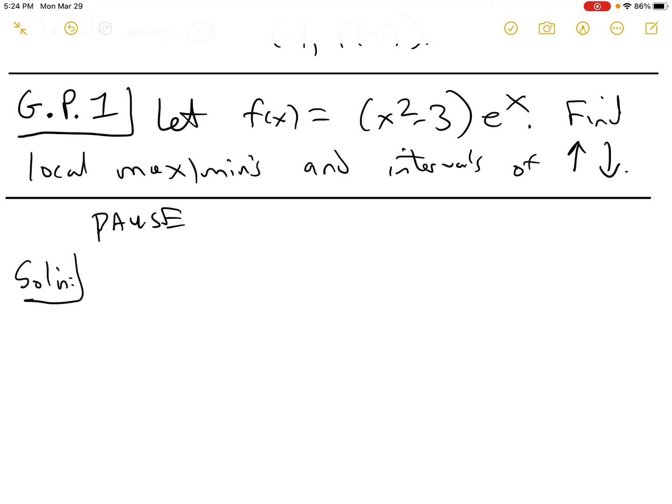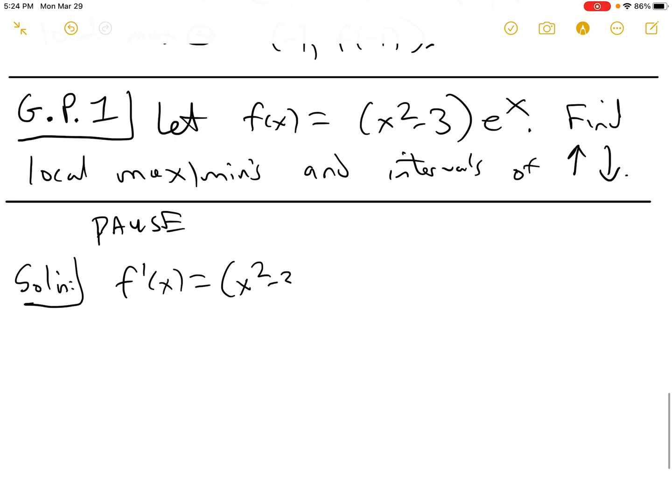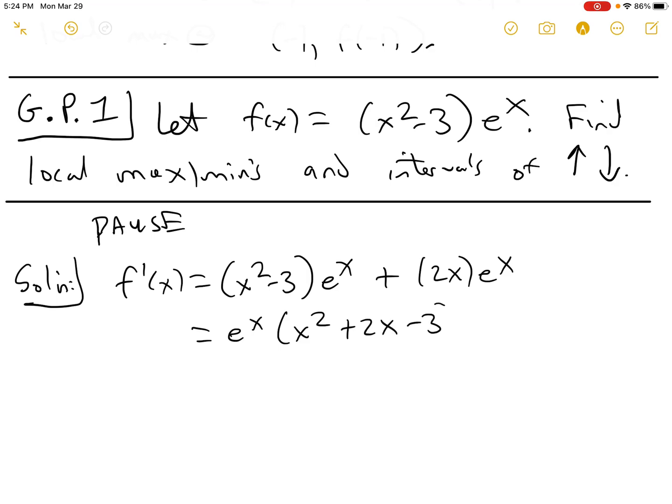Let's see here. First we start by finding critical points. So we're going to take the derivative. So f prime of x is, we're going to fix this and take the derivative of e, and then take the derivative of this and fix the e. And this becomes e to the x times x squared plus 2x minus 3. We set this equal to 0.